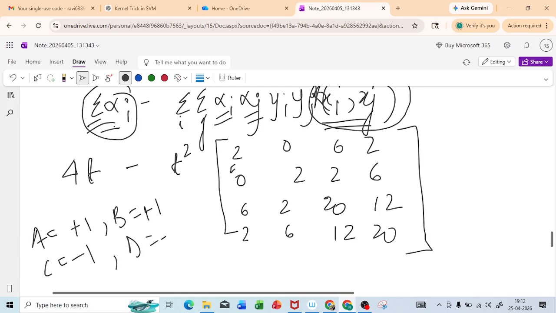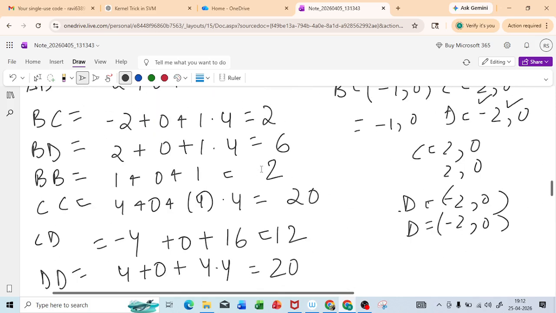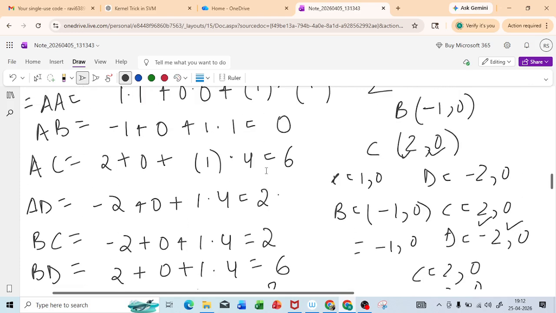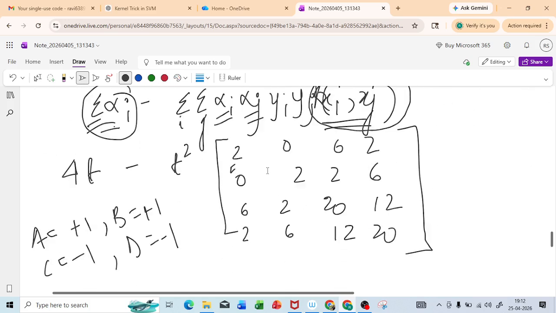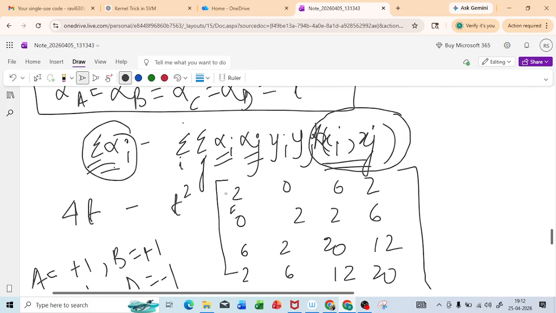As I had shown earlier, the calculation was AA, then AB, AC, AD. So think from that perspective what this number is. Plus 1 into plus 1 is plus 1. Similarly for B, plus 1 into plus 1, again plus. For the other point, C, it is AC, so A is plus, C is minus, so this becomes minus.